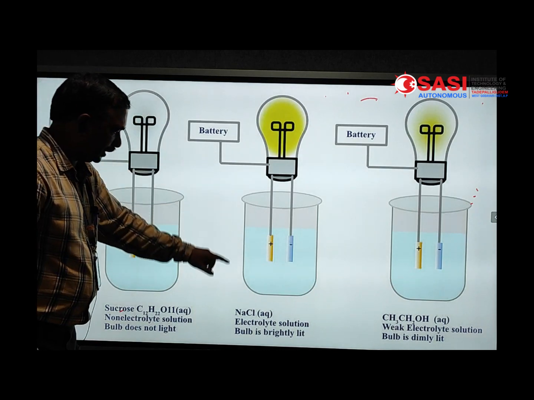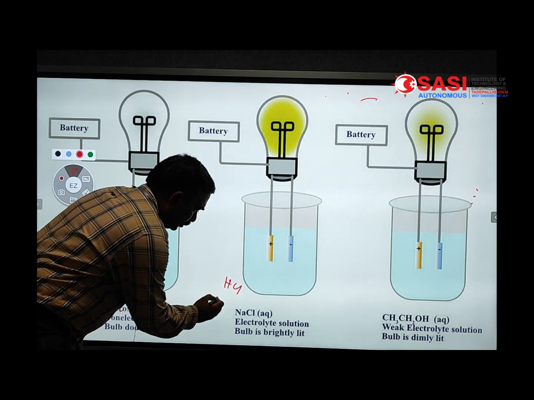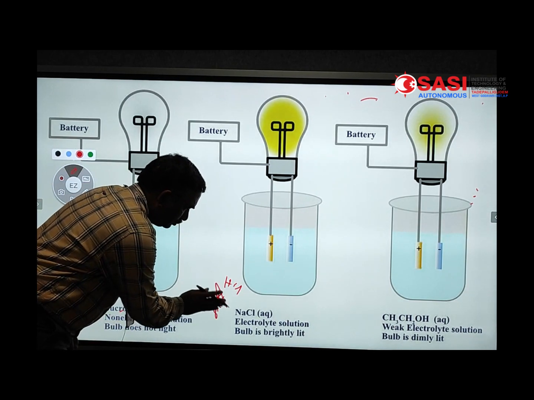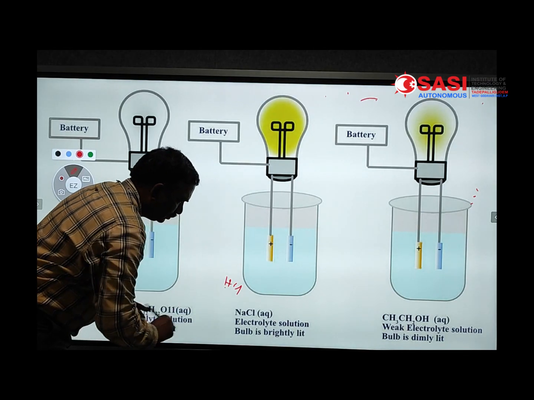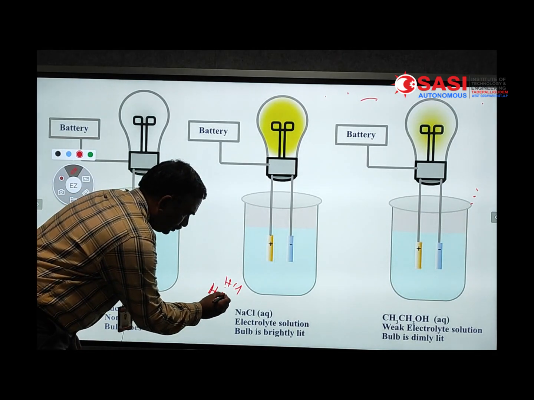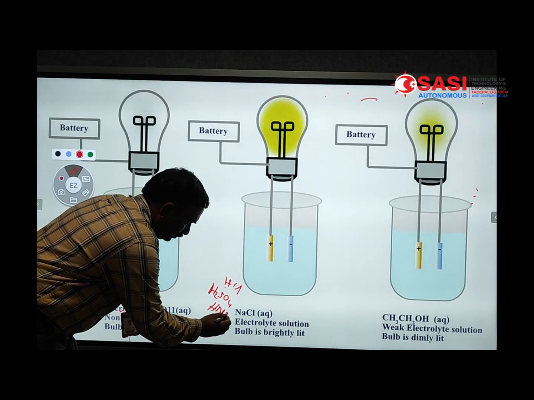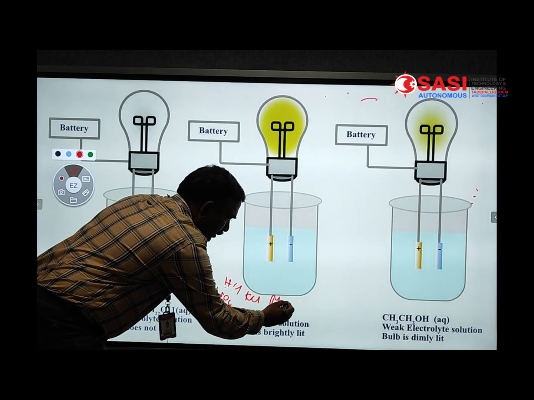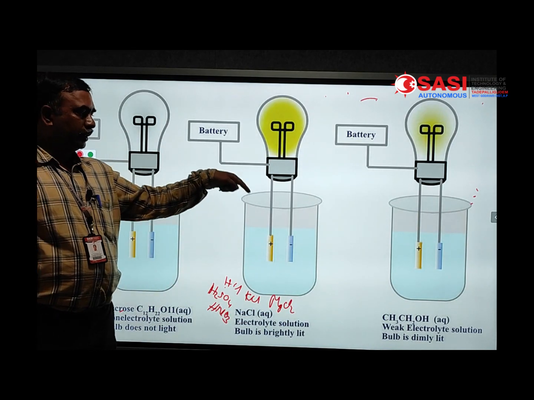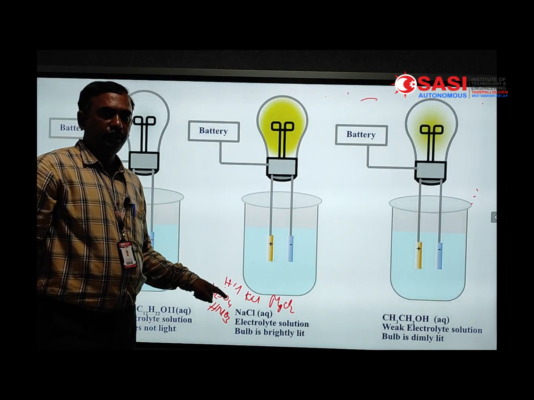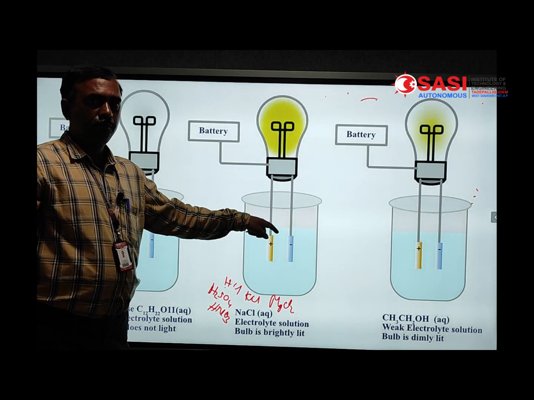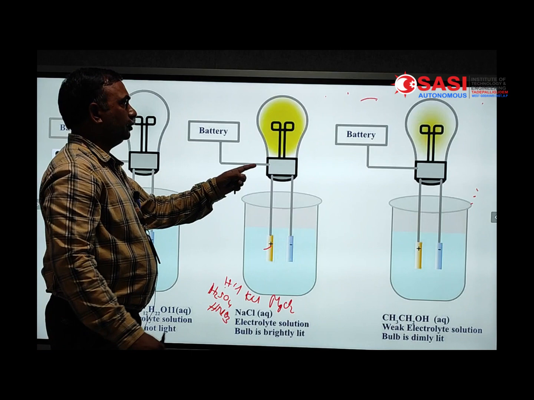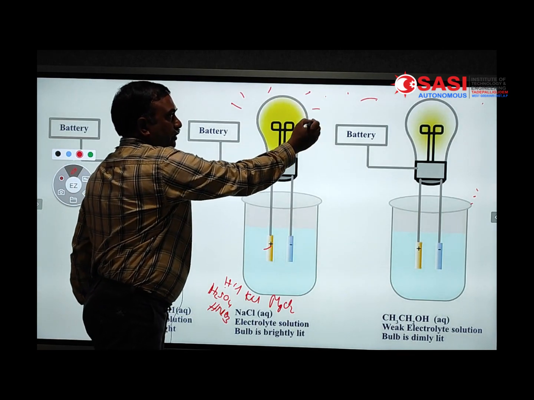But if you take substances like HCl, H2SO4, HNO3, like strong acids, or salts like KCl, NaCl, MgCl2, and put them in the solution, they will undergo 100% ionization and produce charge carriers, that is ions, which are responsible for the flow of electricity, and the bulb will glow at very high intensity, you can see here.